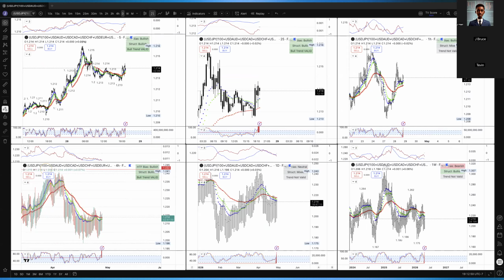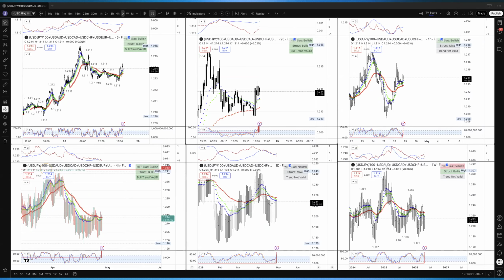If you guys are in the subscriber group, this relative strength calculation is coming to the group in the next few minutes. Let me get that minimized so I can actually get a good screenshot on this. So that's that. And I'll give you guys a little snippet of the number side of the board here.